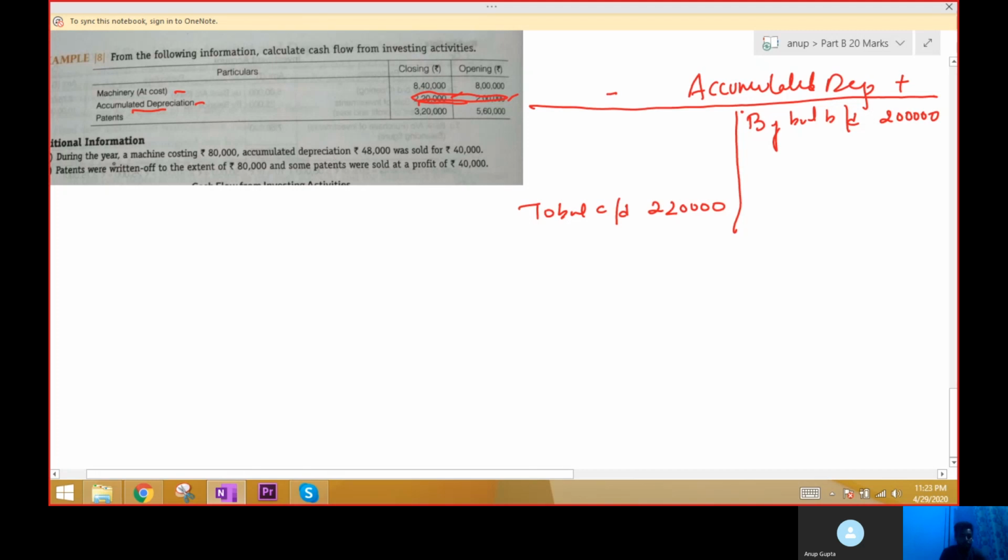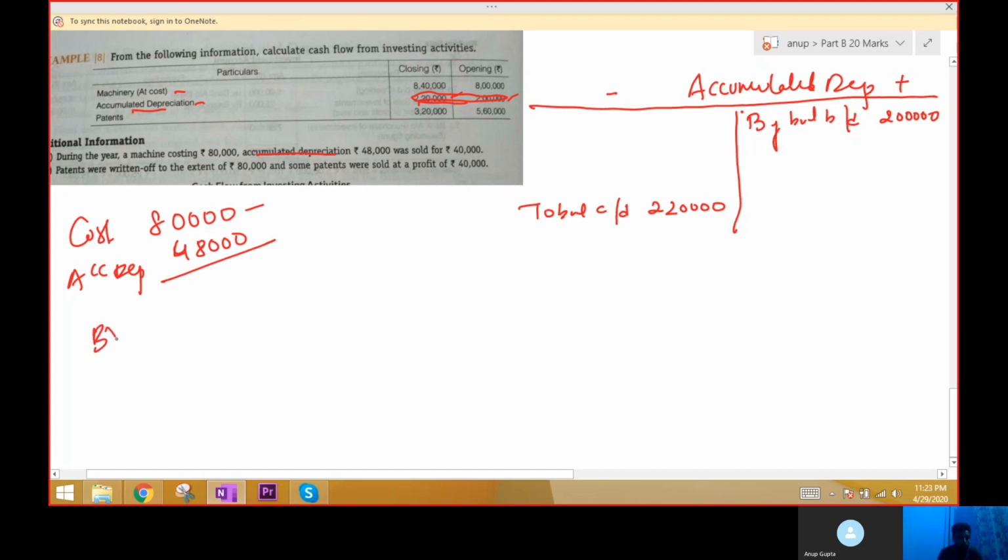Let us read the additional information. During the year, the machinery costing 80,000. So the cost of the machinery was 80,000. And accumulated depreciation, so that means this machinery's depreciation till date is 48,000. Maybe it was purchased 5 or 6 years back, whatever it was, the cost was 80,000, and till date the depreciation has accumulated to 48,000.